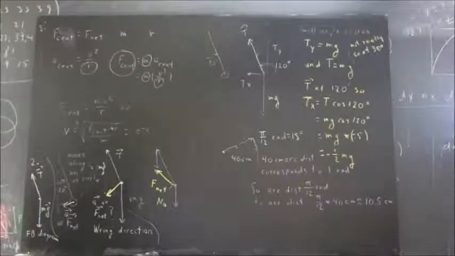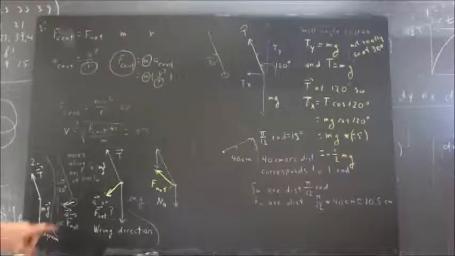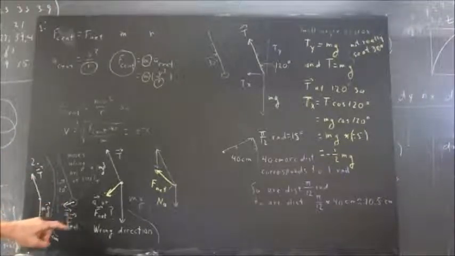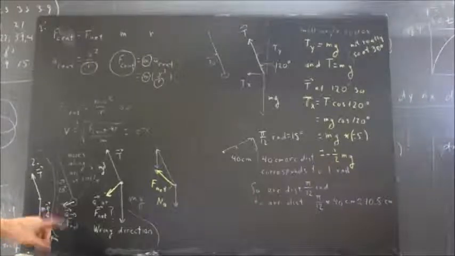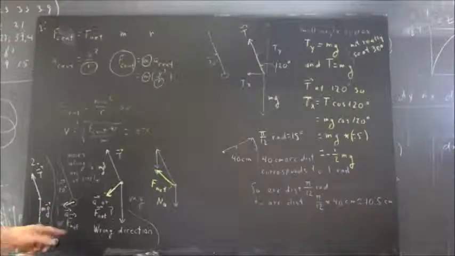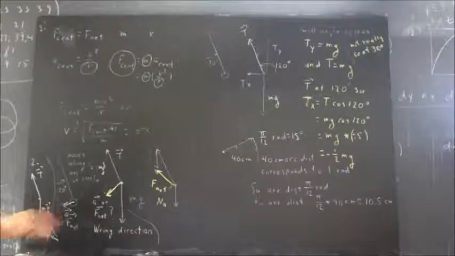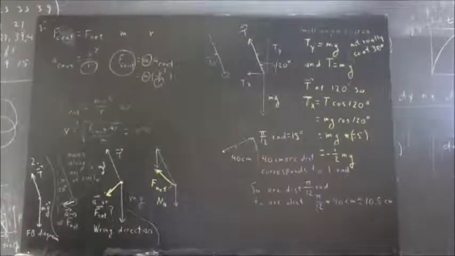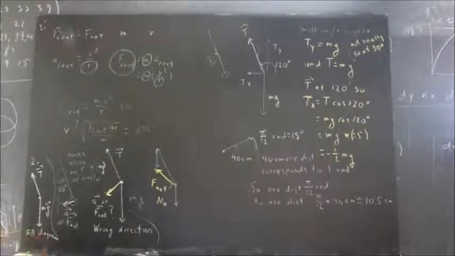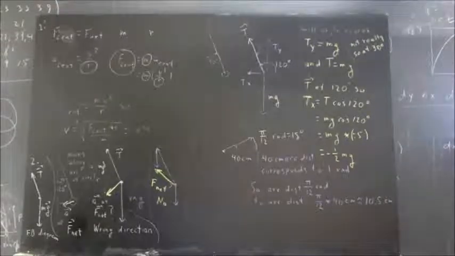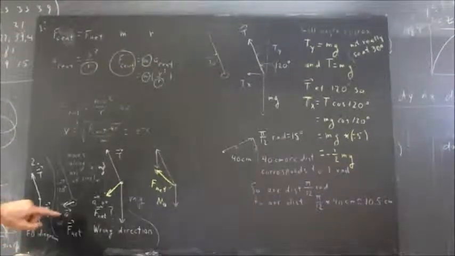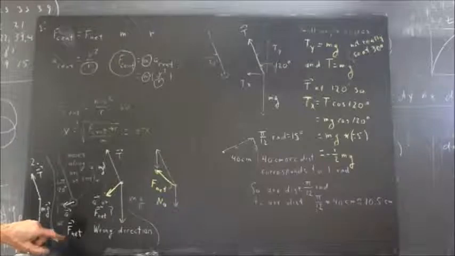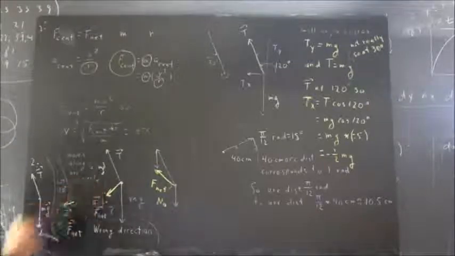Now, we're asked to do a free body diagram, and let me explain this. This says A or F net, either the acceleration or the net force, since the net force is mass multiplied by acceleration. Let me fix that, there's a little bit of crowding there. Okay, either the acceleration or the net force will be in this direction.